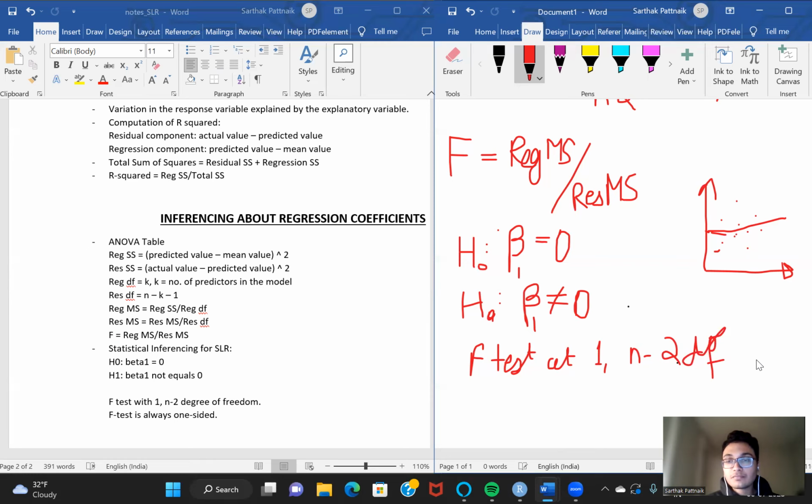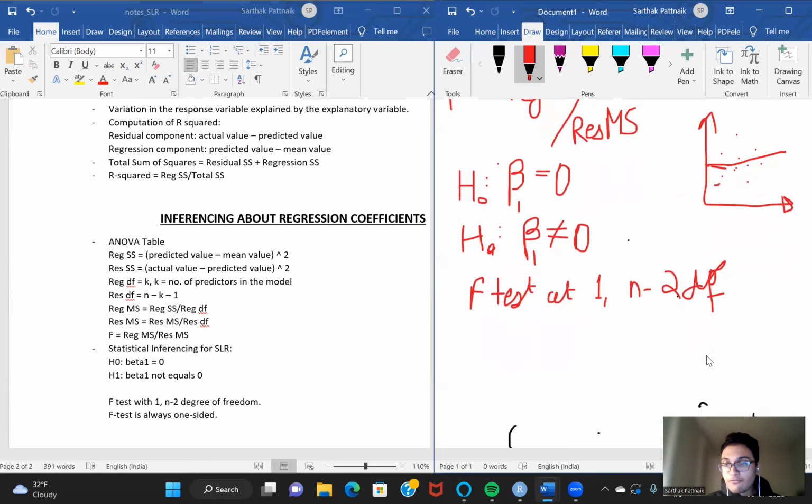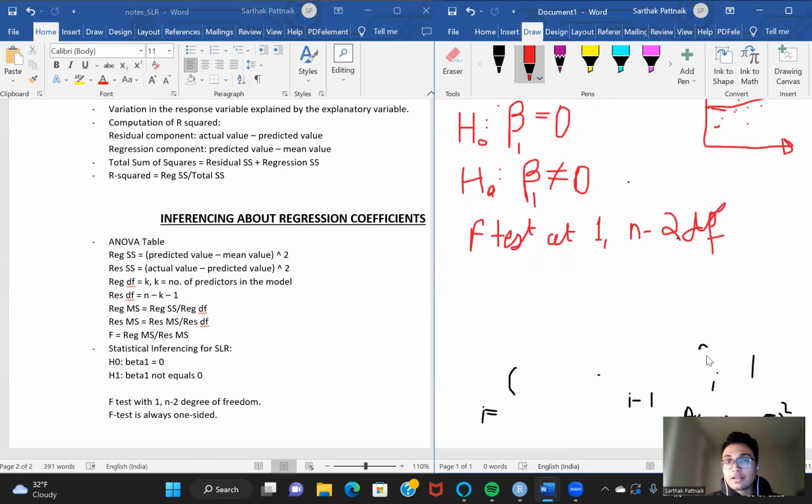Okay. And there is a property for F test. Now, this is where our discussion gets extremely nuanced, because from our previous sessions, your first thought will be that because I need to find evidence that my slope is not equal to 0, which means my slope can be either positive or negative, this has to be a two-sided test.